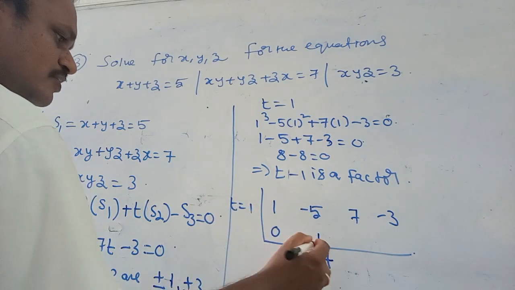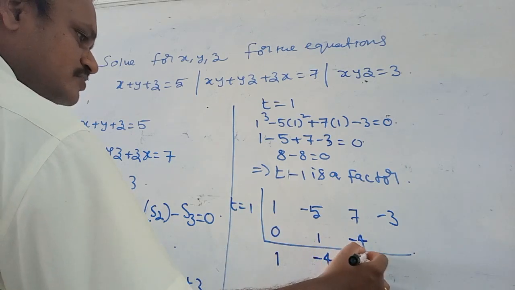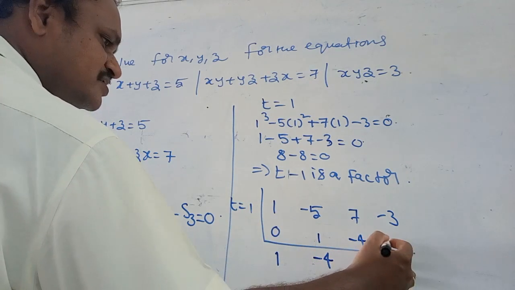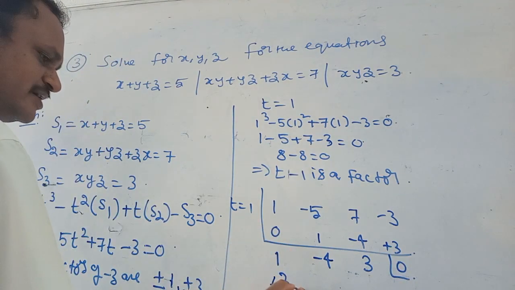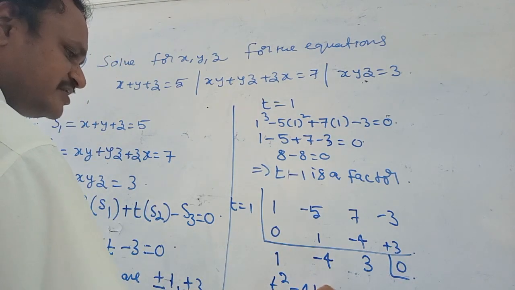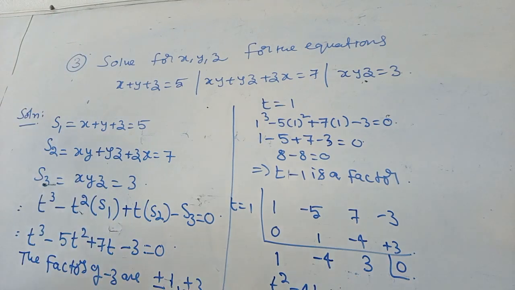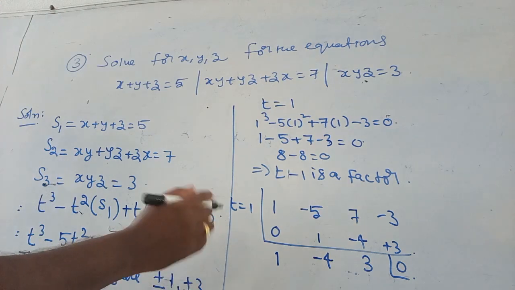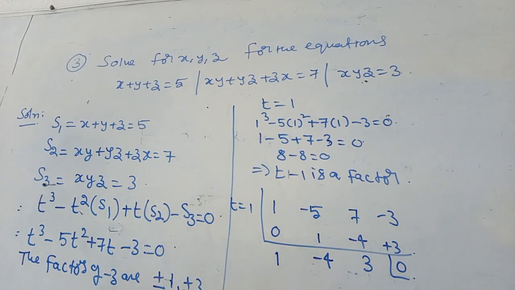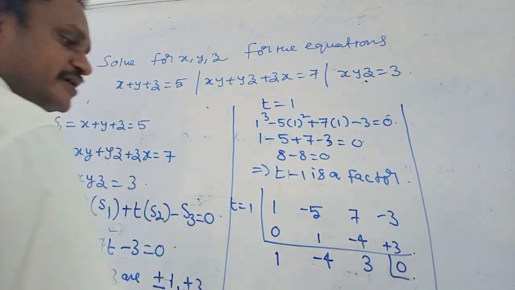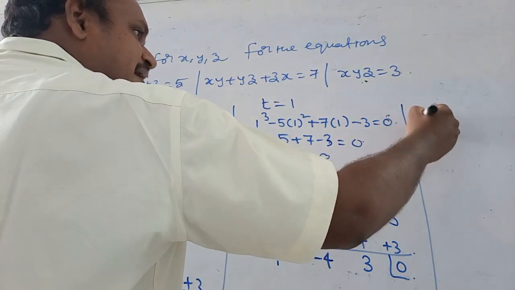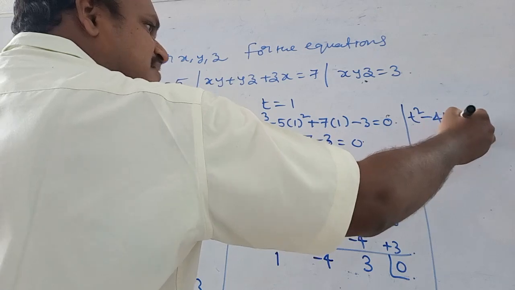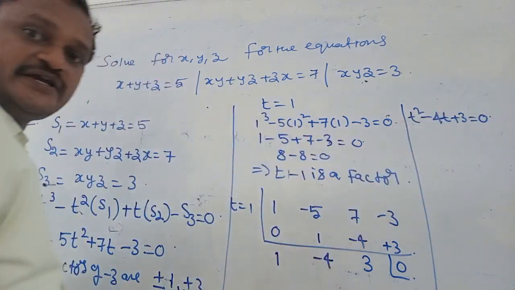Now minus 4, and minus 4, 3, and plus 3 is equal to 0. That means we have got t square minus 4t plus 3 equal to 0.